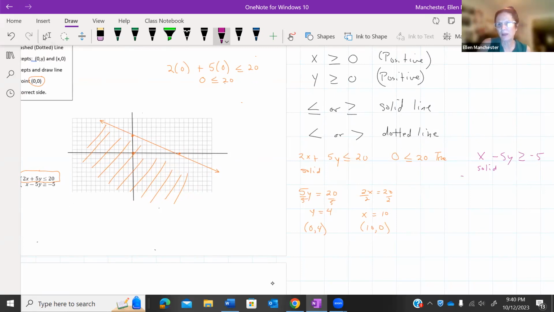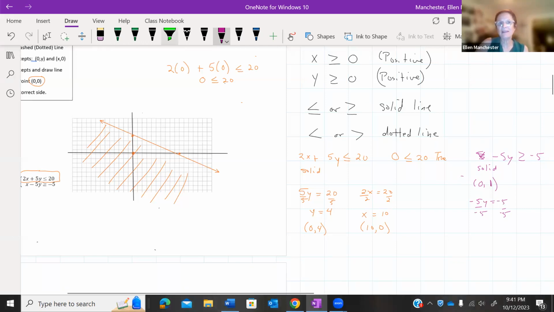So just kind of walking through those steps. I'm going to get my intercepts. So when I cover up the X, I make the X a 0. So my negative 5Y equals negative 5. So my Y equals 1. Okay, so let me get this out of the way. How did I get that? Because I had negative 5Y equals negative 5, divide both sides by negative 5. Now we're going to get to the point where I'm not going to show you this, right?